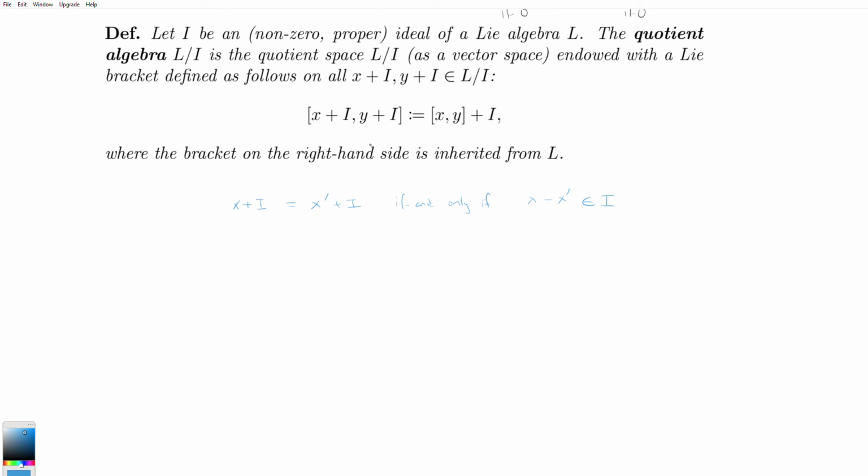So what about this whole bracket business? How do you know that that works? This is where the ideal condition is very important.